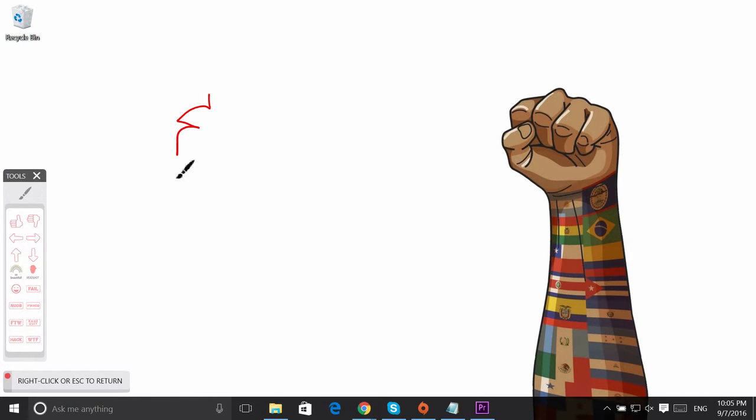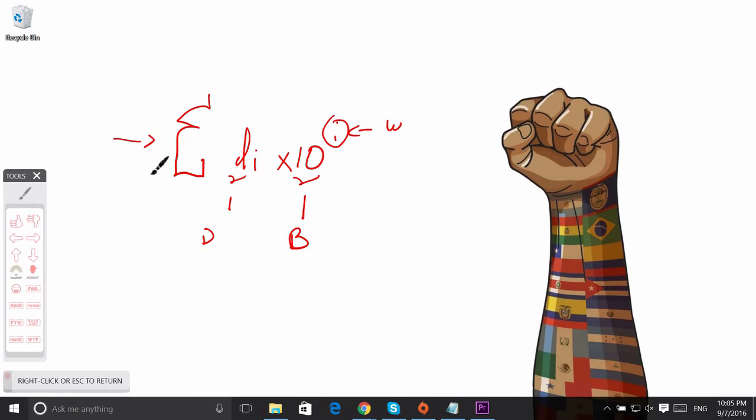This is the general formula to decompose a number in base 10. D represents the current digit, 10 is the base, i is the weight, and this symbol is the summation symbol.